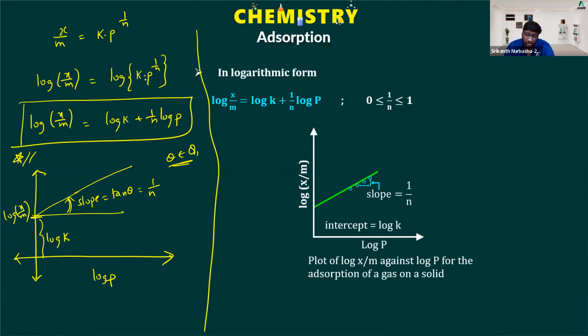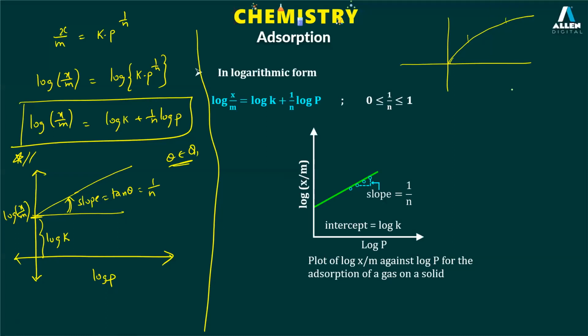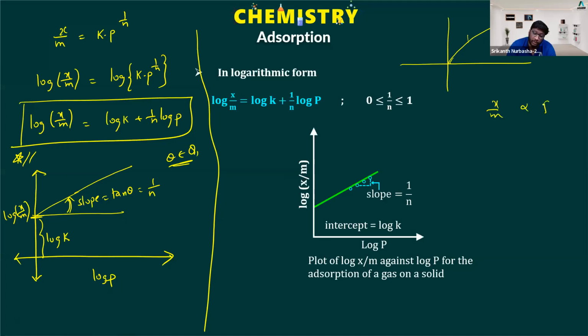Whatever curve you are getting, this curve equation, x by m is proportional to p power 1 by n. That means y is directly proportional to x power 1 by n. n is some constant. 1 by n is lying between 0 and 1. Let us take 1 by n as 0.5.